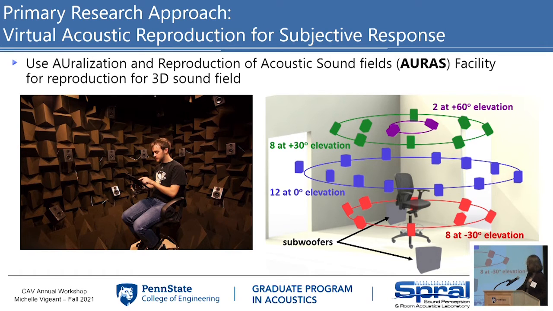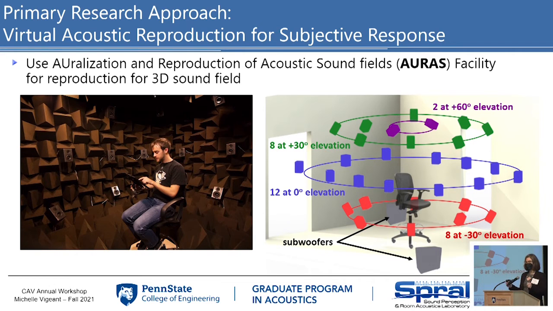These 30 speakers are arranged with 12 in the dimension around the ears where a person is sitting, with 8 at 30 degrees below, 8 30 degrees above, and then 2 nearly overhead at 60 degrees. We would have them a bit higher if the facility was a larger space, but it isn't.